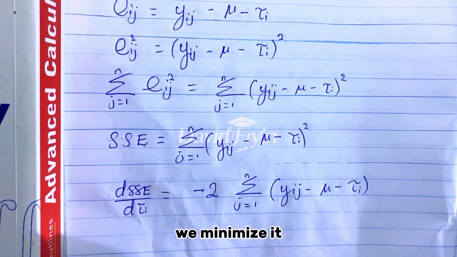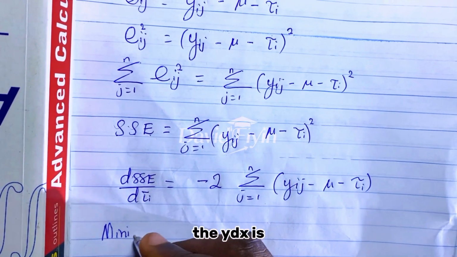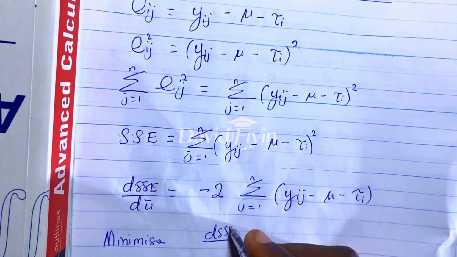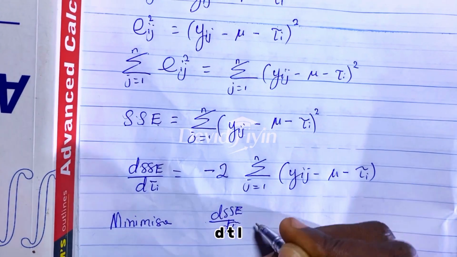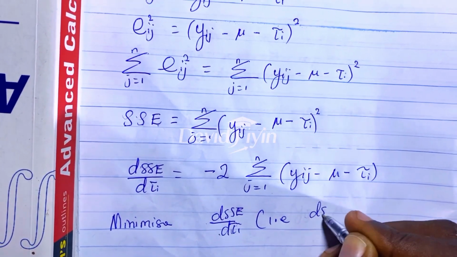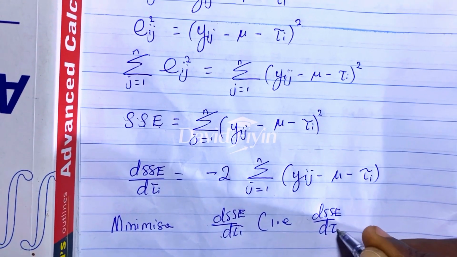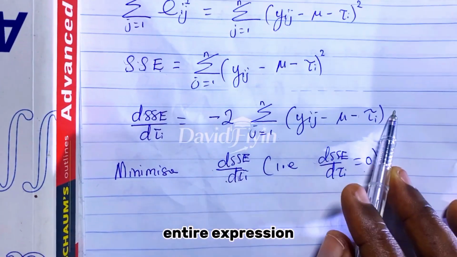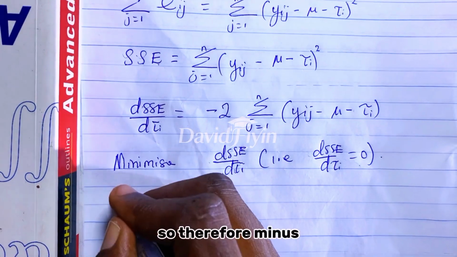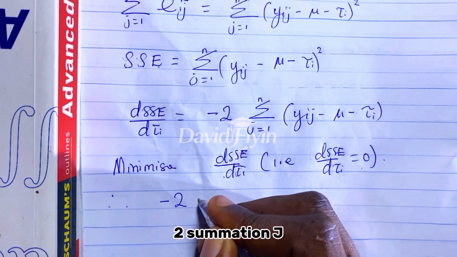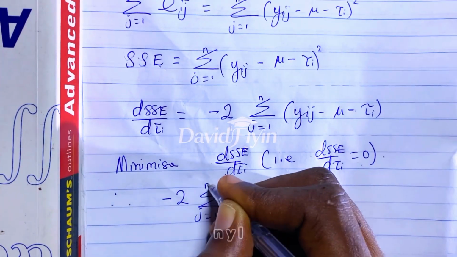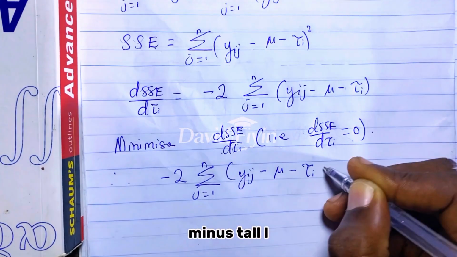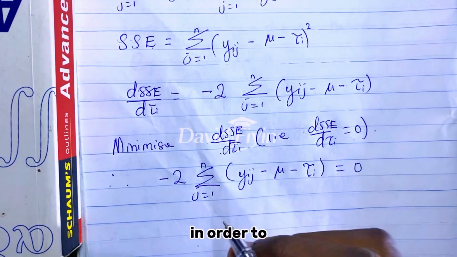From there, we minimize it, and at a minimum the derivative is always equal to 0. Therefore, dSSE over d tau i equals 0. This implies that we set this entire expression on the right-hand side to 0. So minus 2 times the summation j equals 1 to n of Yij minus mu minus tau i equals 0.